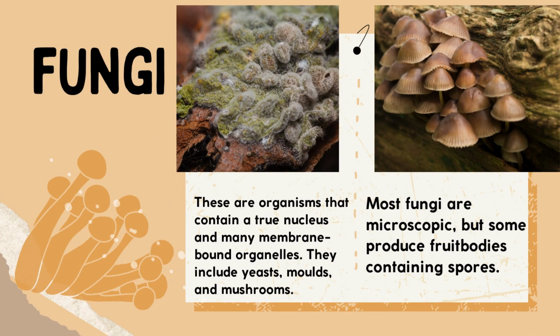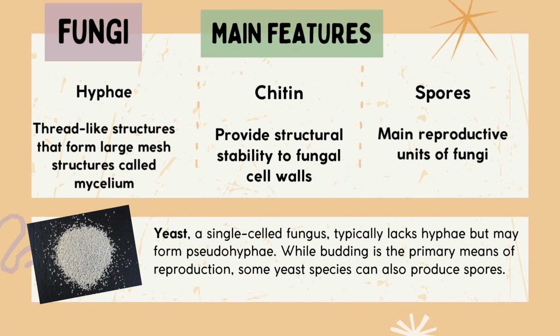Fungi are organisms that contain a true nucleus and many membrane-bound organelles. They include yeast, molds, and mushrooms. Most fungi are microscopic, but some produce fruit bodies containing spores. Here are the fungi's main features: hyphae, chitin, and spores.